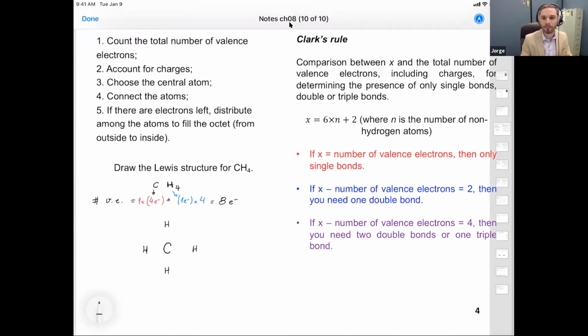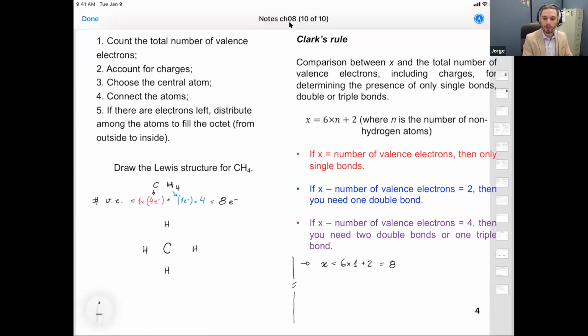So we are going to compare X and the total number of electrons. So I'm going to write right here in this part of the slide here. X for this compound is 6 times the number of non-hydrogen atoms, which is just 1 plus 2. Therefore, X equals to 8.